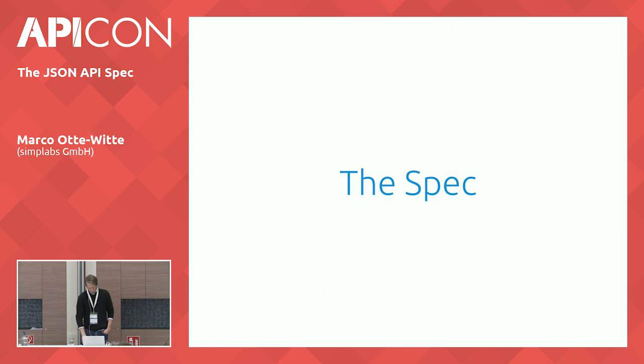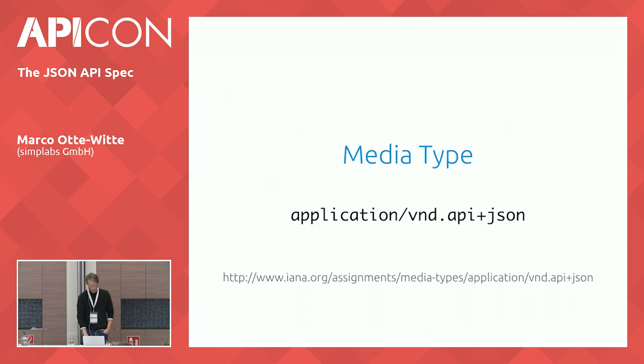So first of all, when looking at the details, I just want to show this real quick. It's not so relevant. JSON API has its own media type that's registered with the IANA, so it's kind of an official thing.